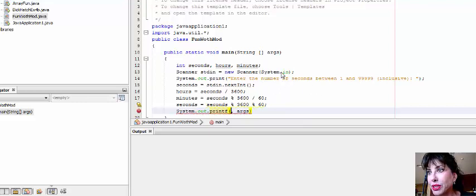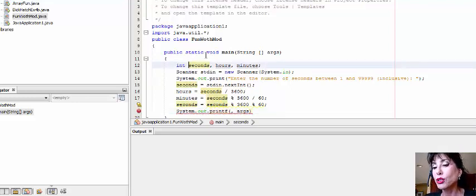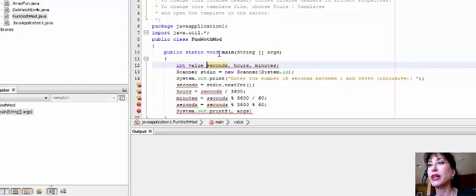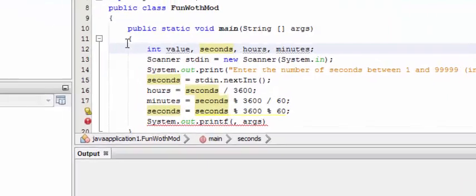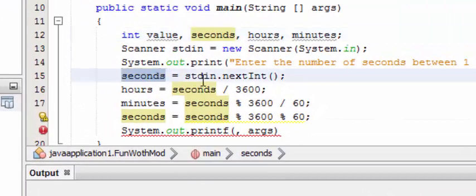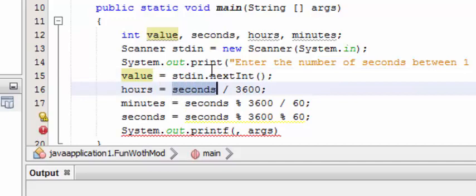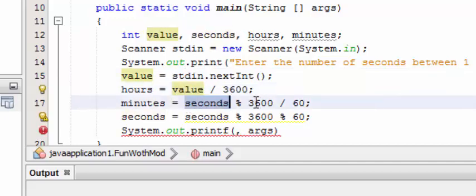So what do I need to do here? What I should have done, if I'm going to fix this code now, and the reason why I don't want to put seconds here is because it's no longer 10,000. I'm going to redo this, and this is very common. I'm going to put value for my original input, and then capture the value, and then all of these were value instead of changing them to seconds because we lost our original input value.